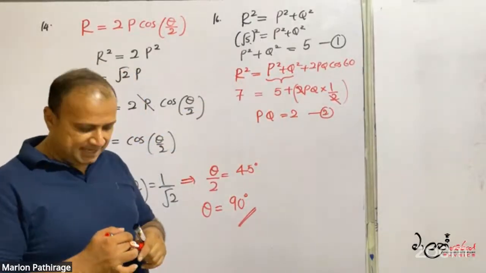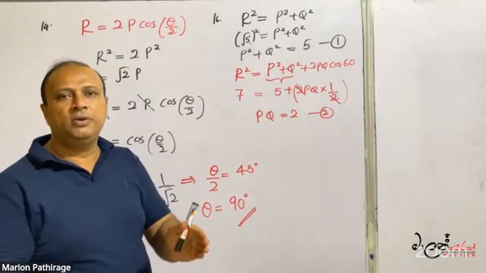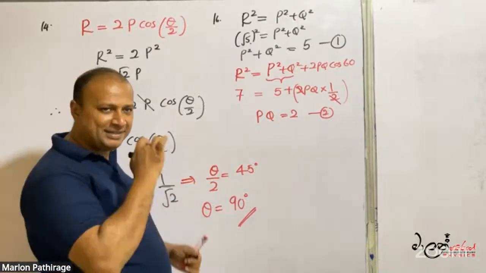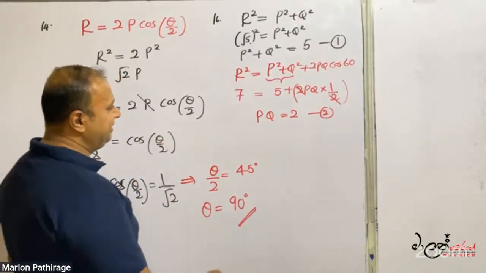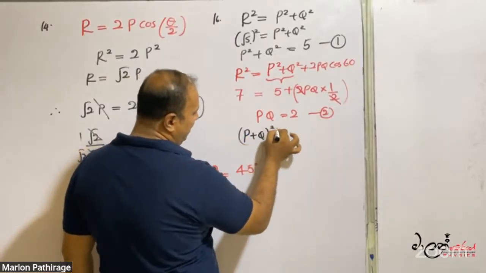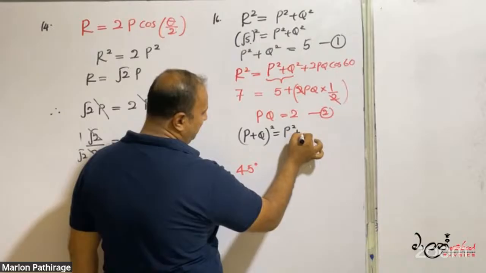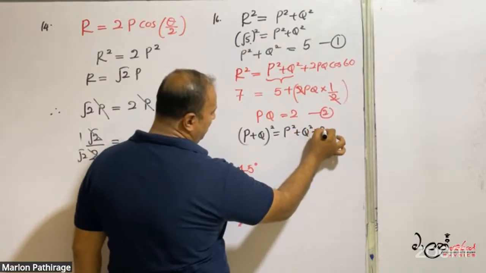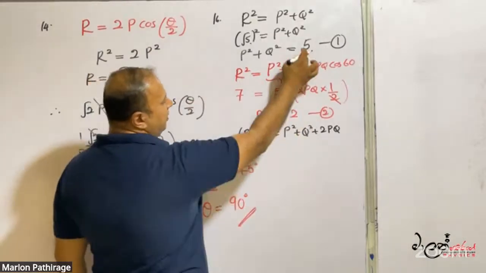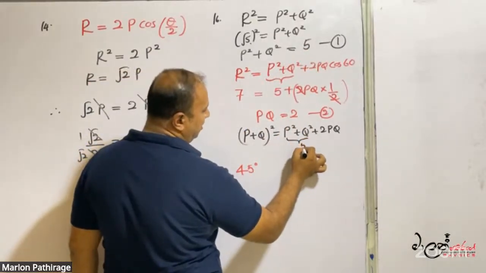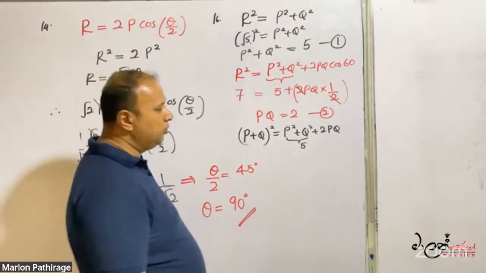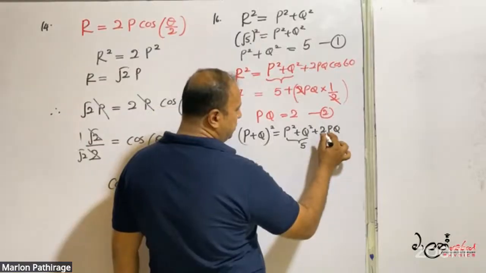As we discussed earlier, you can take P plus Q and P minus Q. Shall we look into that? Therefore, P plus Q squared is equal to P squared plus Q squared plus 2PQ. P squared plus Q squared means 5. 2PQ means 2 times 2, that is 4.